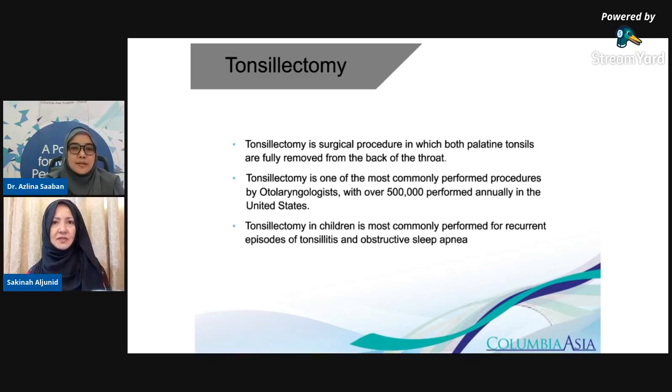It's so common that almost every week there'll be a case of tonsillectomy, and sometimes the waiting time is up to 3-4 months, even 6 months, to get the tonsil removed. So if there is an opportunity, then better to go to private practice.